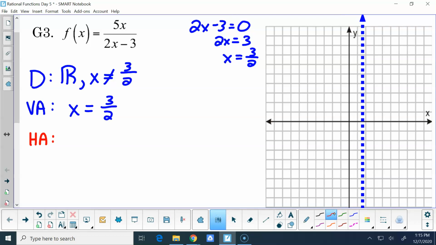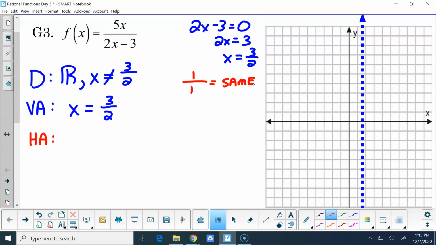Biggest exponent on 5x, or the only exponent. 1? Everybody agrees with 1, so it's 1. Love it. Biggest exponent on the bottom. What is it? 1. So that's the same case, because they're both 1s.